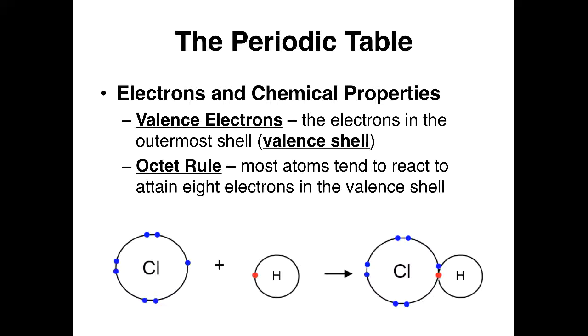But also, at the same time, hydrogen can borrow an electron from chlorine and have 2 in its outer shell, which is good for hydrogen, and it's the only element other than helium that's good for. Or hydrogen can be left as an ion without any electrons in its outer shell.